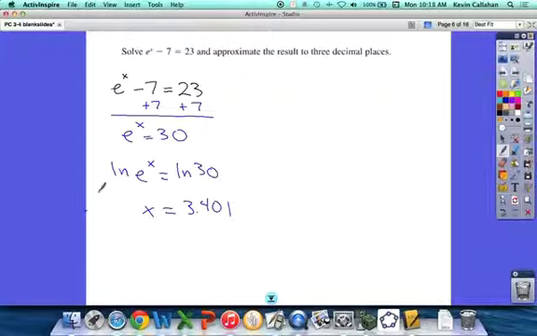What's the rule for the natural log being canceled out? Remember, we had a property that said log base a of a to the x, and also a to the log base a of x, in either case equals x. That means for any base. That a means any base. Okay, well, what if the base is e?